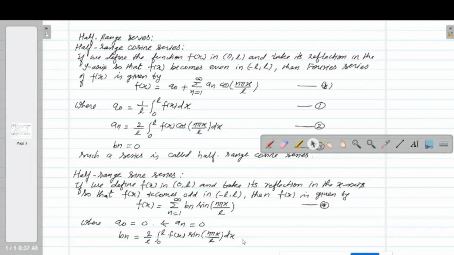Sir, I don't understand how f of x becomes an odd function. See, f of x becomes an odd function in the interval minus l to l.